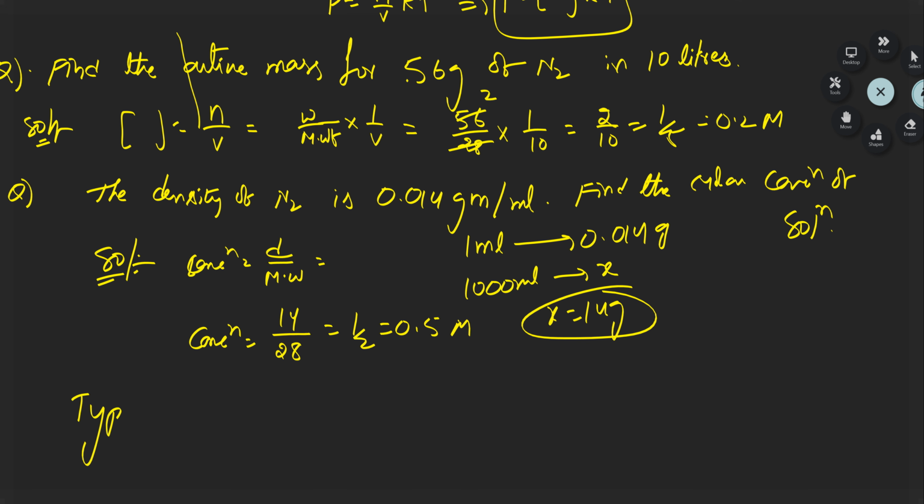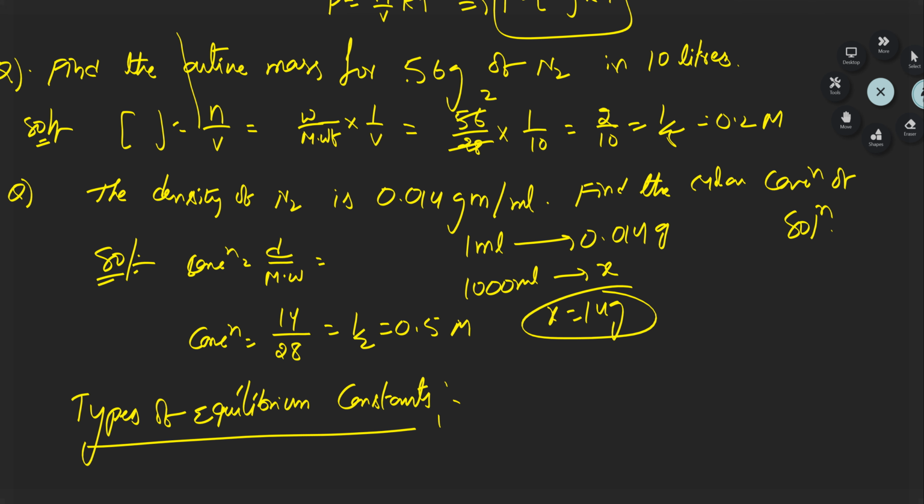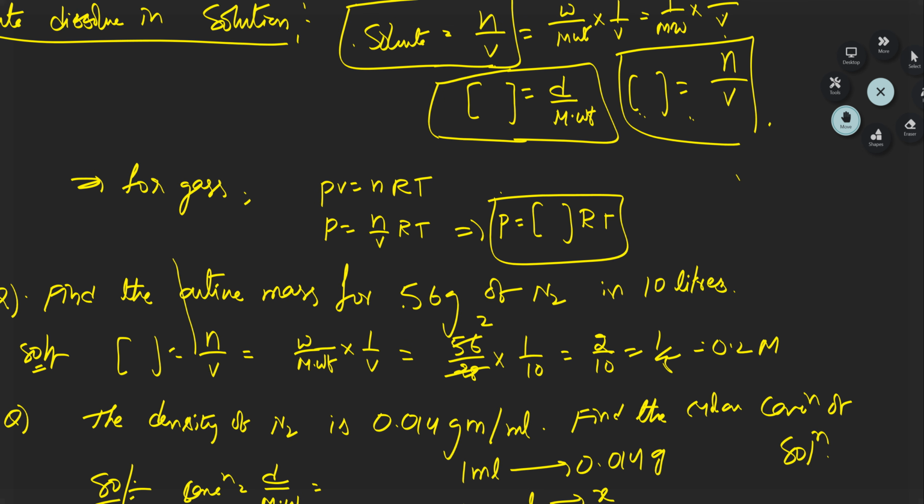Next, types of equilibrium constants. So here a small point: active mass of pure liquids and pure solids is equal to 1. Why we are going to be taking it as 1? The active mass depends on density and molecular weight.